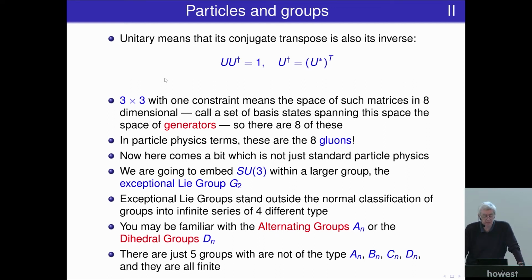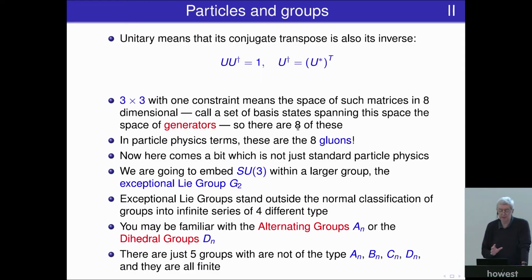So we have 3 by 3 complex, which gives us 9, and we take out one of the states by asking that the determinant is 1. So there are 8 such states within SU3. And in particle physics terms, these are the 8 gluons we were just talking about.